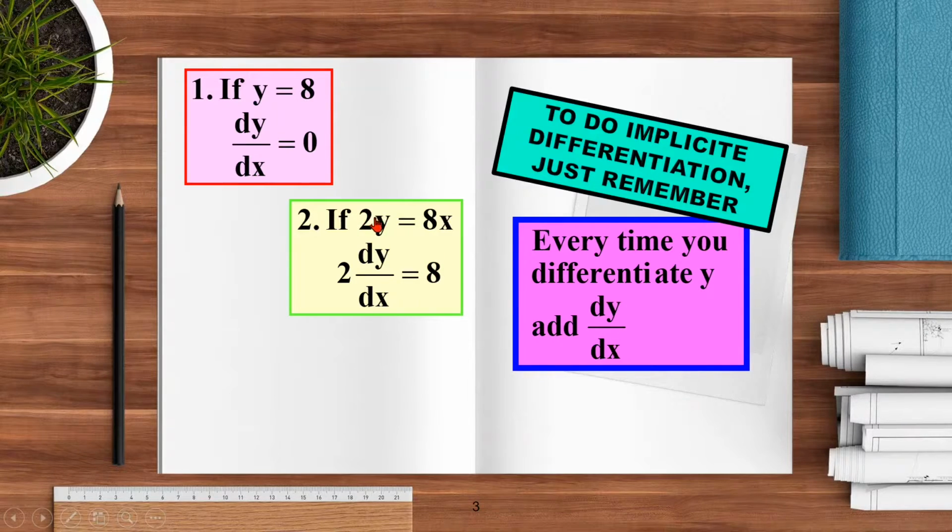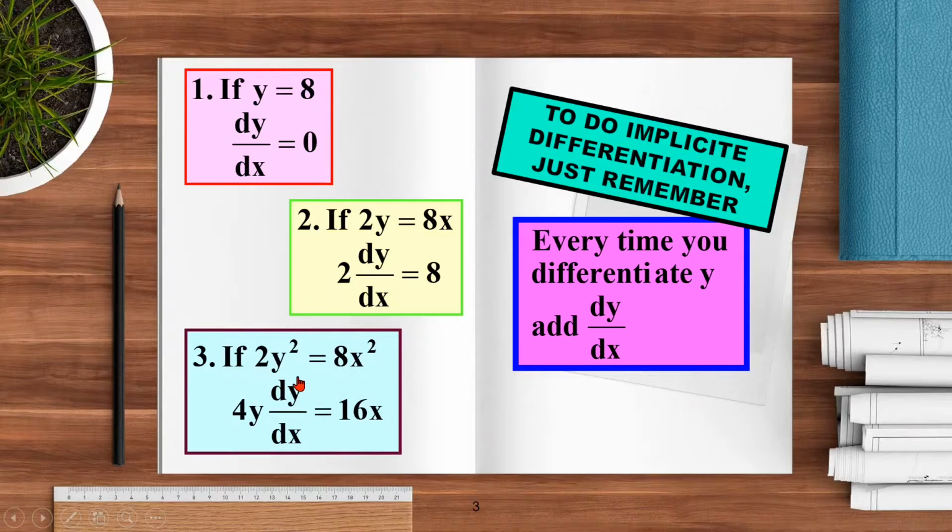When I differentiate 2y, I am supposed to get 2 and dy/dx, the differentiation itself. So I will have dy/dx here, because when I differentiate y, I get 1, just like when I differentiate x, I get 1. So when I differentiate 8x, I get 8. I differentiate 2y, I get 2 dy/dx.